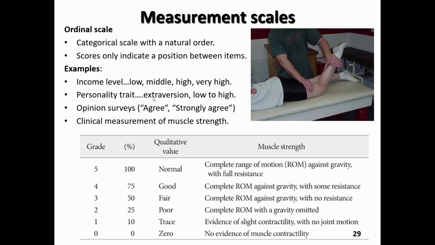And the clinical measure of muscle strength very often can be categorized as an ordinal scale. So clinicians, physiotherapists, will often use a graded scale from 5 to 0, and that graded scale does have a qualitative value. Putting a numerical value to it will help to guide use of the scale between therapists.